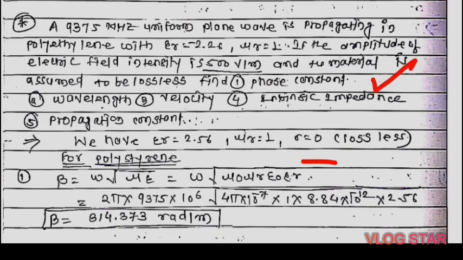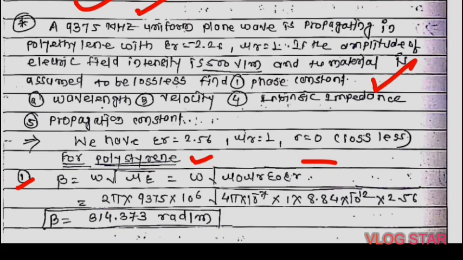For a lossless medium, note down the phase constant formula: beta is equal to omega root of mu into epsilon. We know omega is 2 pi f, and the frequency is given, that is 9375 megahertz. So omega is equal to 2 pi into 9375 into 10 raised to power 6 hertz.